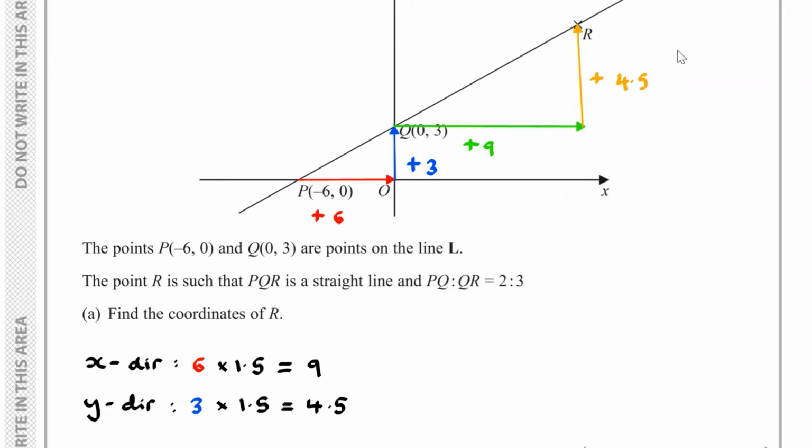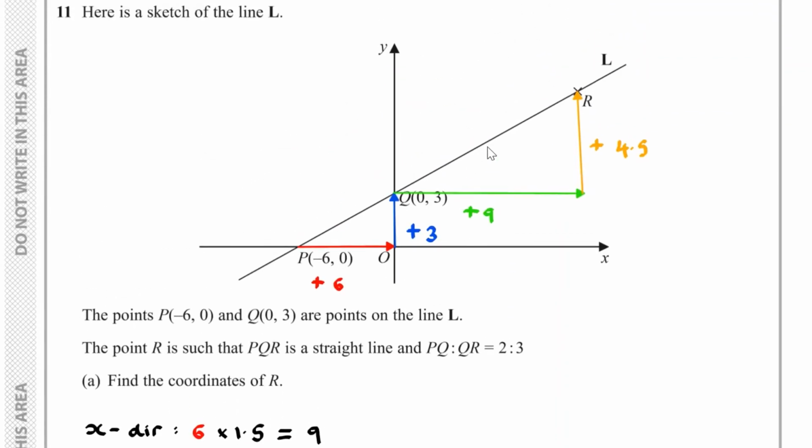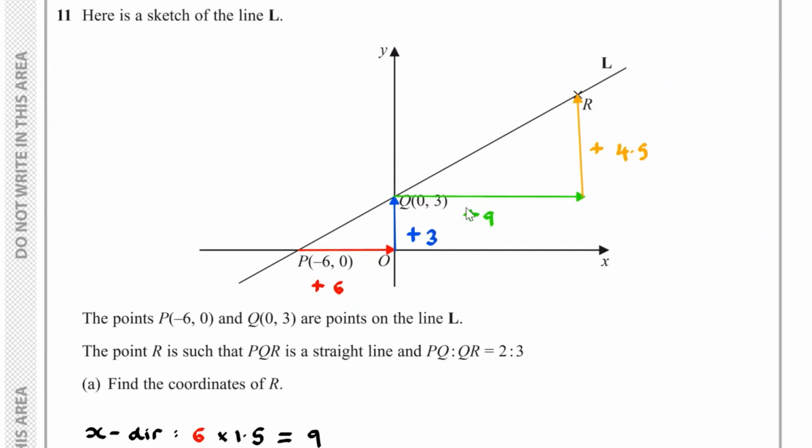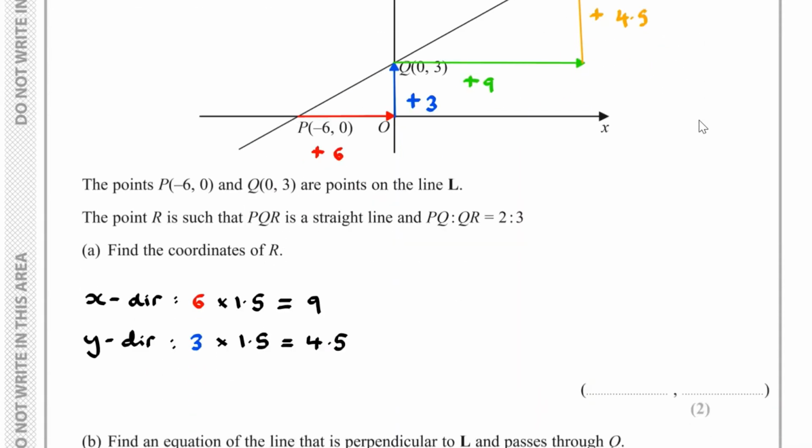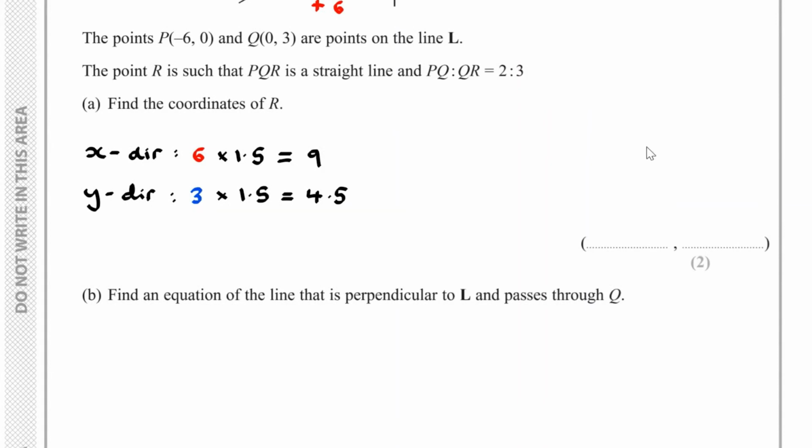And so to find out the coordinates of R, 0 plus 9 is 9, 3 plus 4.5 is 7.5. The coordinates of R, we've got 9 and 7.5.